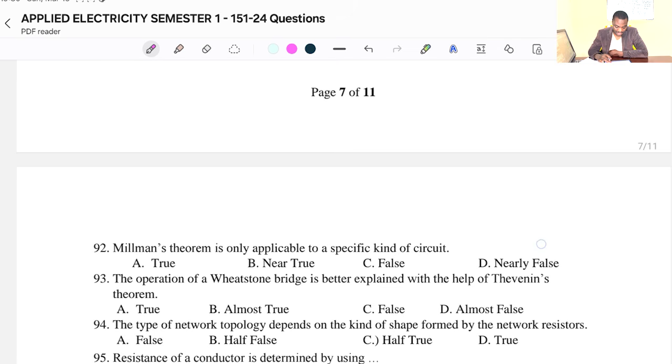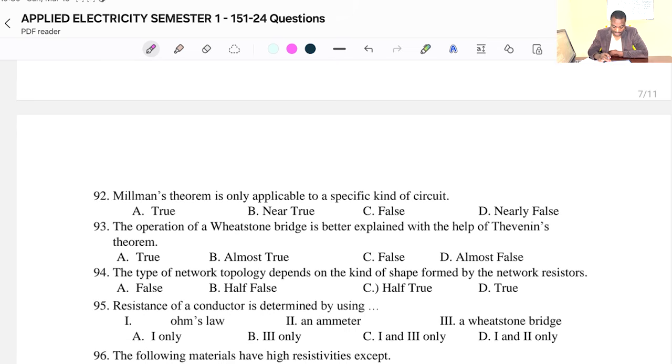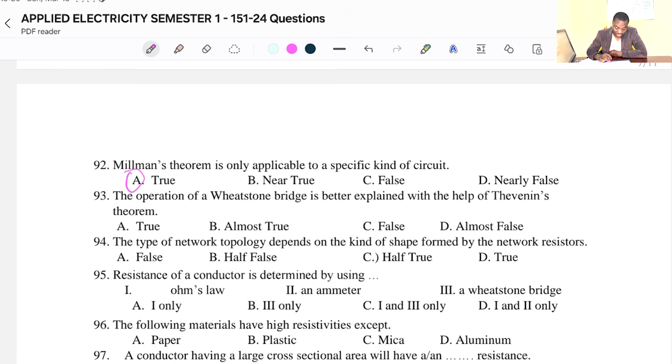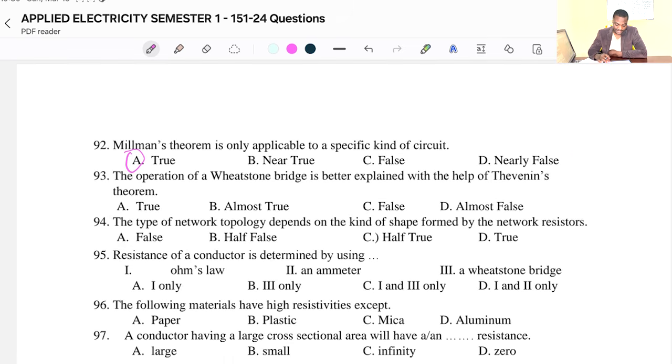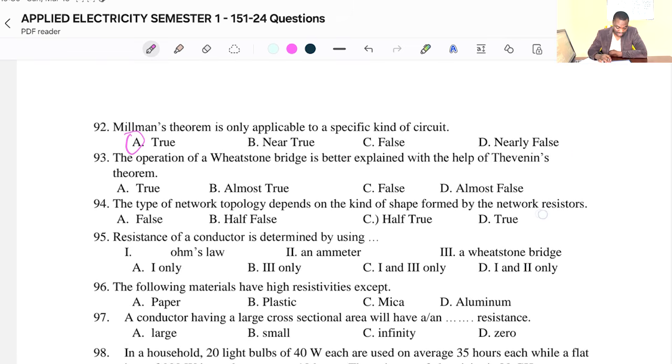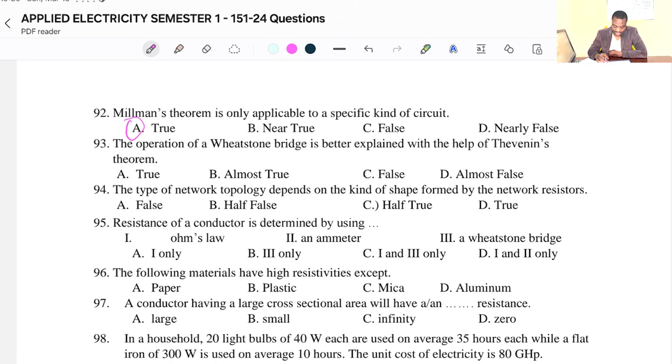92. Millman's theorem is only applicable to a specific kind of circuit diagram. So this one is true. Before you use Millman's theorem, you make sure that the circuit fits before you can use it to solve for the current passing through the load resistor. 93. The operation of a Wheatstone bridge is better explained with the help of Thevenin's theorem.